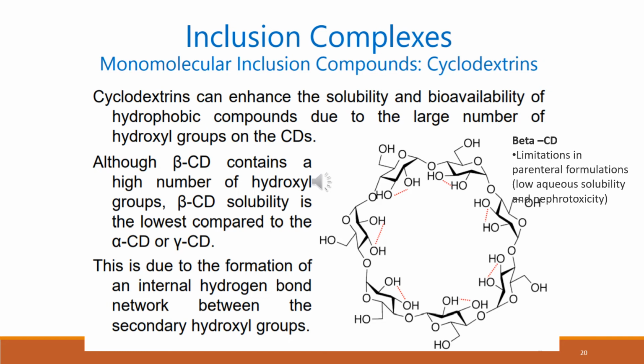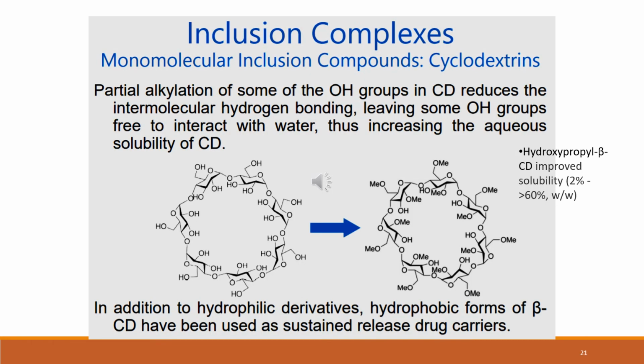Beta-cyclodextrin has a limitation that it cannot be used in parenteral formulation because of its low aqueous solubility and nephrotoxicity. Partial alkylation of some of the OH groups in cyclodextrin reduces the intermolecular hydrogen bonding, leaving some hydroxyl groups free to interact with water, thus increasing the aqueous solubility of cyclodextrin.